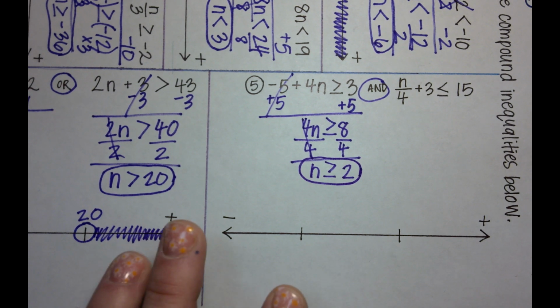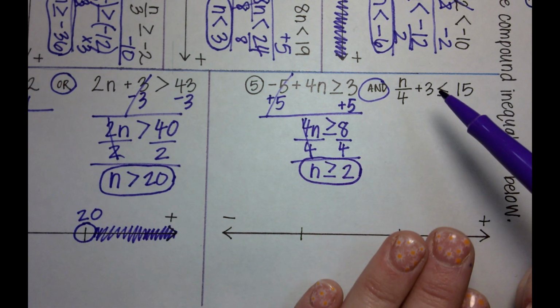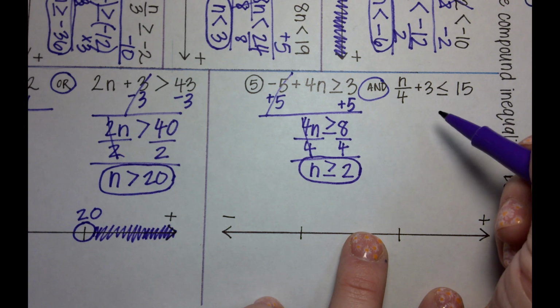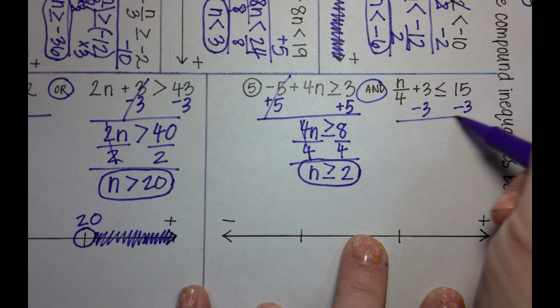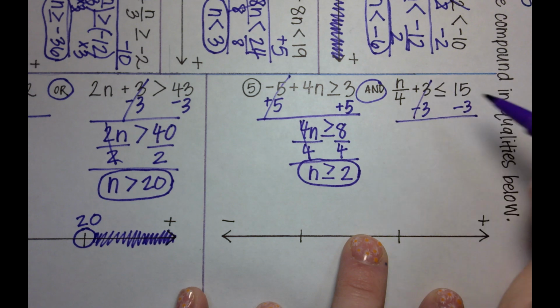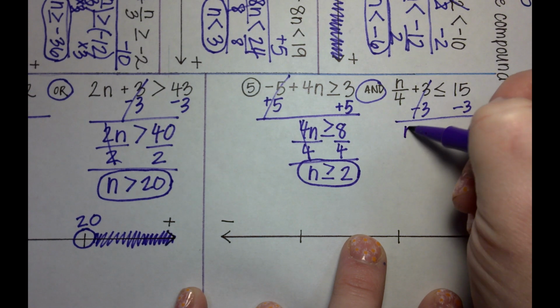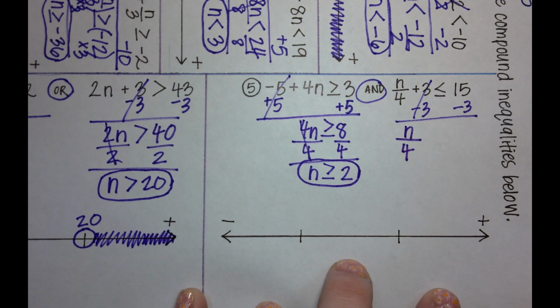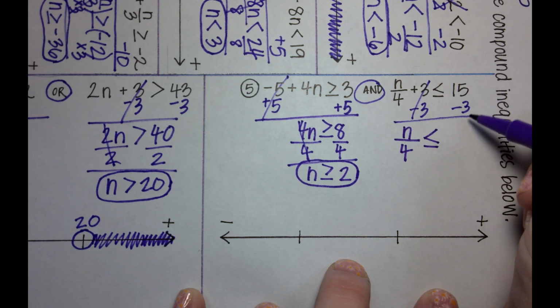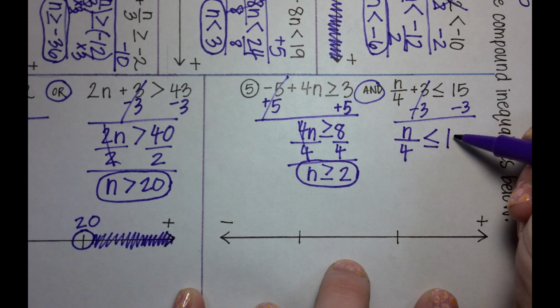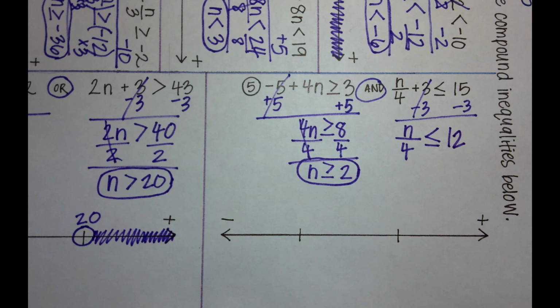Perfect. Okay, let's look at the second part. What do I do first? Subtract 3. Good. My 3's cancel. Bring down n over 4. My sign, less than or equal to 15 minus 3 is 12.